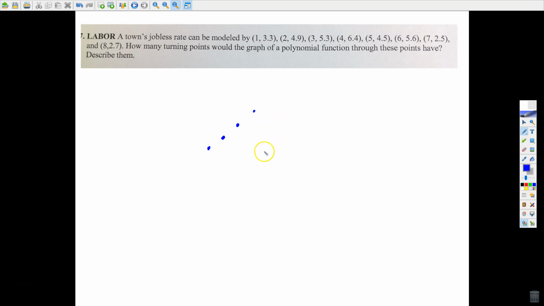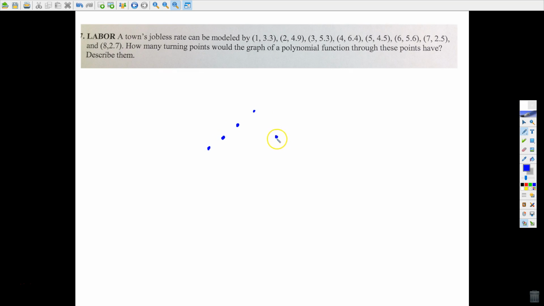Well, then we go to 5, and we're going to drop back down to 4.5. Well, that was our 4.9, so we can kind of line it up to here. So that's 1, 2, 3, 4, and then for 5 we dropped considerably.